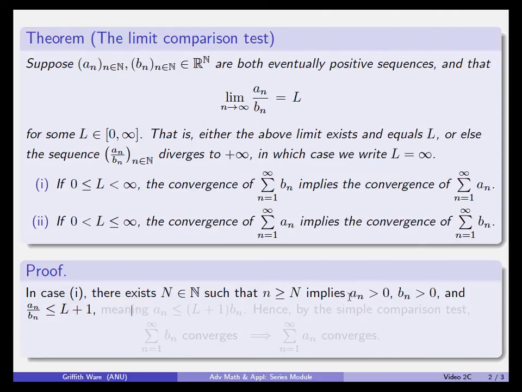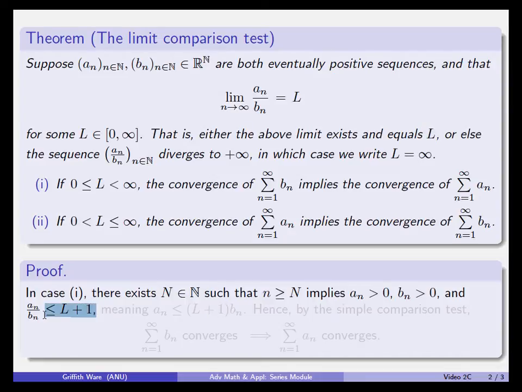And these conditions here are just coming from the fact that we've assumed that the sequences are eventually positive. Okay, so in the first case there is some point n such that beyond that point capital N all the terms in both sequences are positive, and all of these fractions are less than or equal to L plus 1.